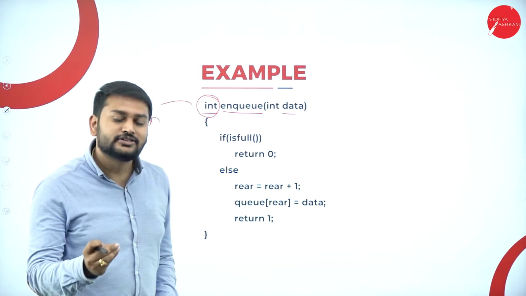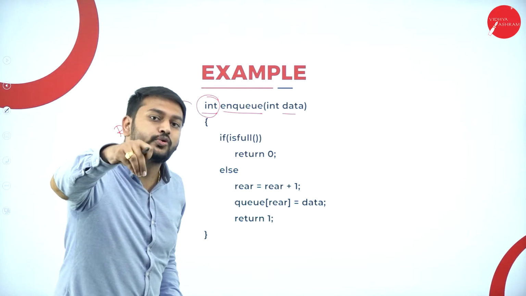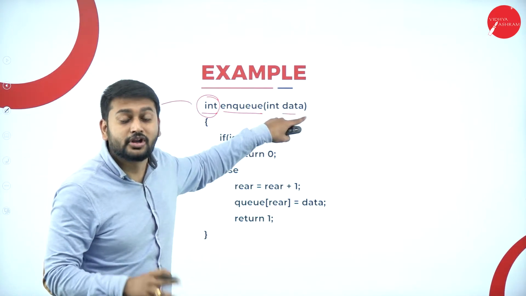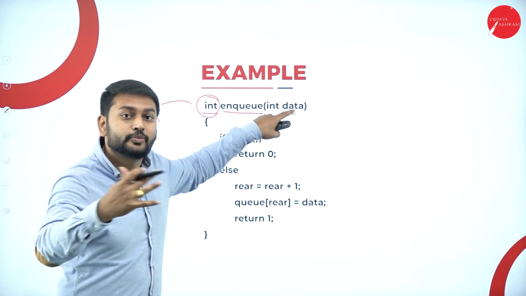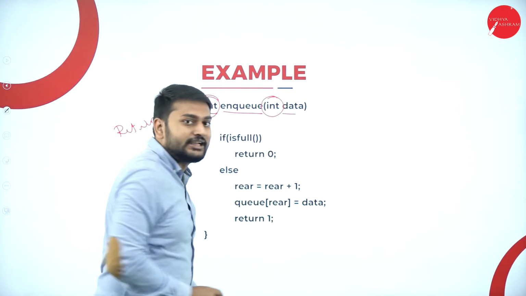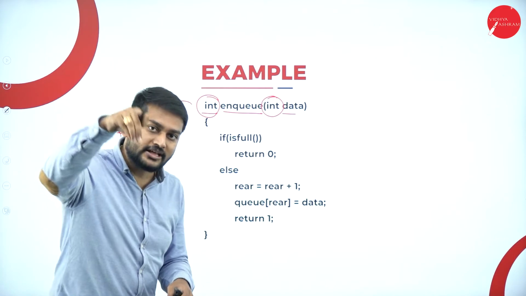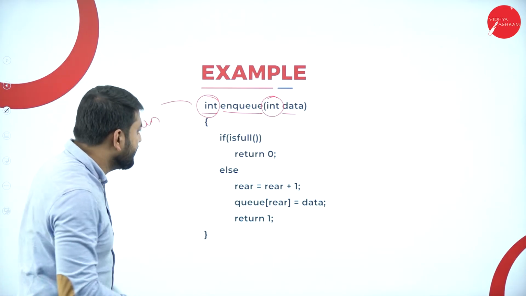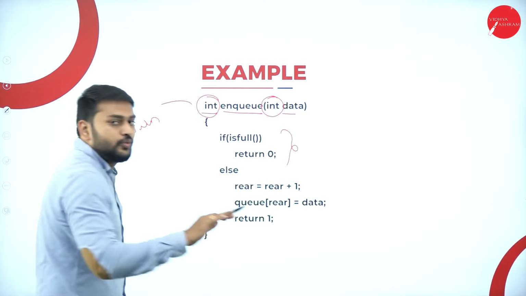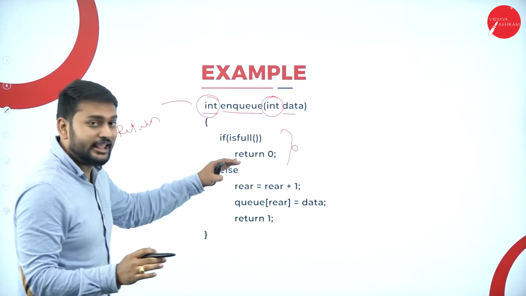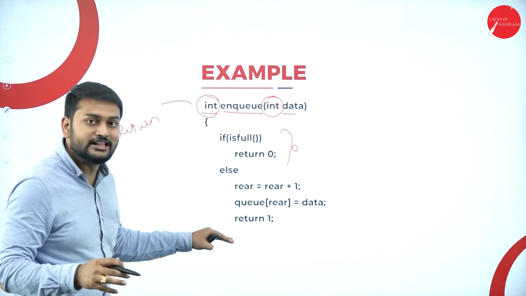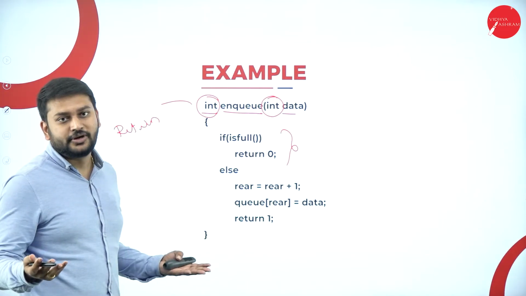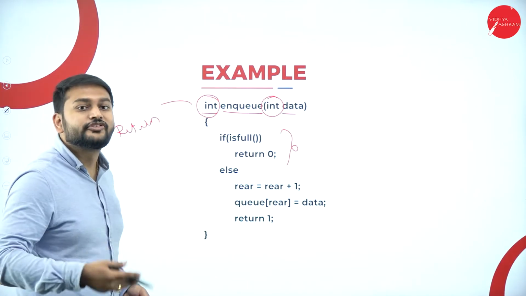Data is the element that you want to insert, which I'm passing as a parameter. I'm passing the integer type; the value you pass to the queue should be of integer type. Here I'm checking whether the queue is full or not. If it is not full, I will execute the else part. Same code, I have it here. This is for the enqueue.